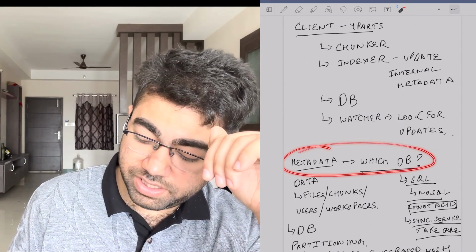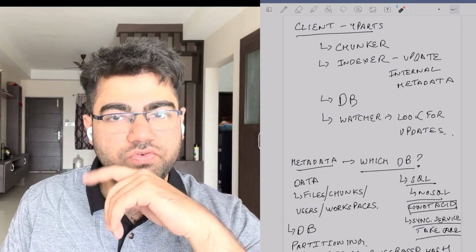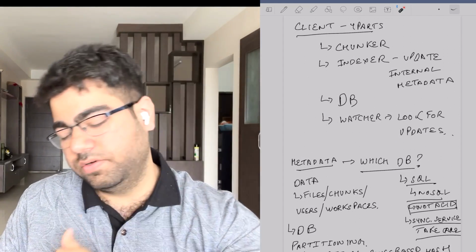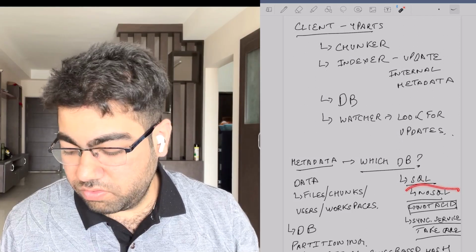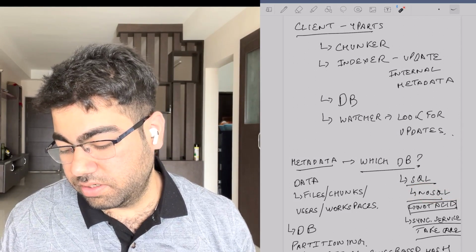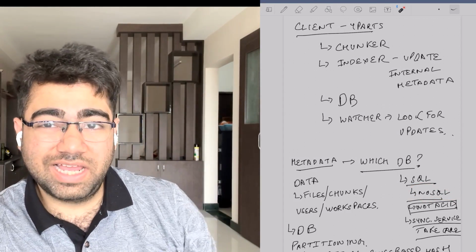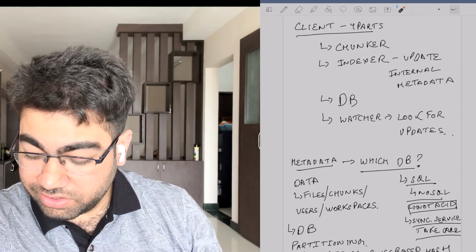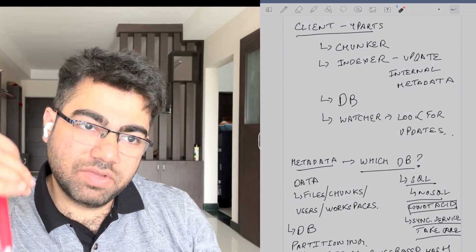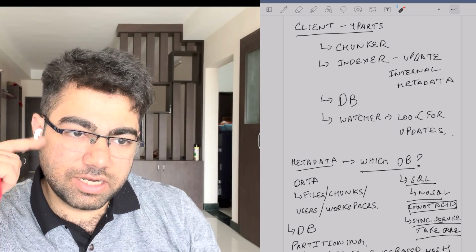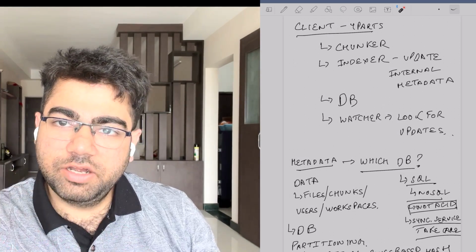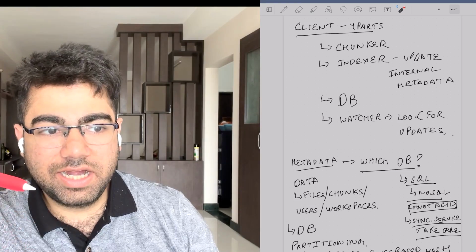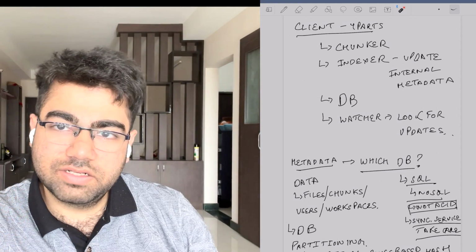Now we come to the metadata question: which database should we use? Should we go with the SQL database or should we go with the NoSQL database? Now, if we go with the NoSQL database, the NoSQL database is not ACID. By that I mean there are multiple clients updating the same file at the same time, and it is possible that the metadata is also being updated by multiple clients. Now NoSQL is not ACID, so it can lead to an inconsistent state.